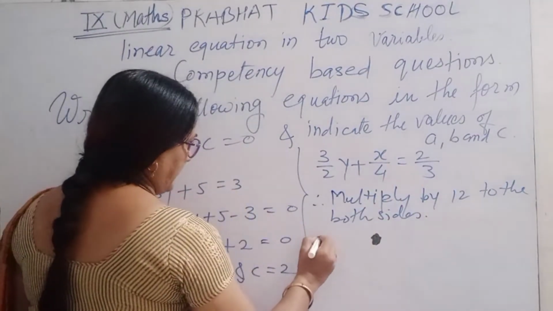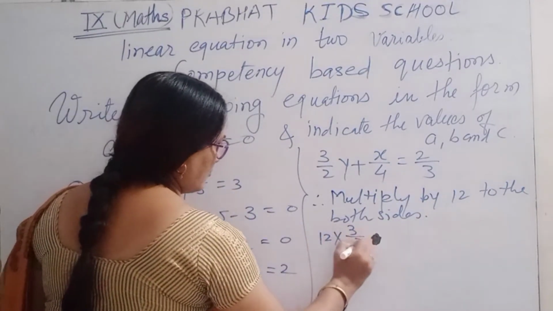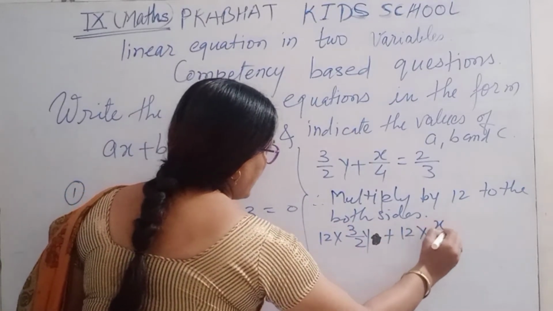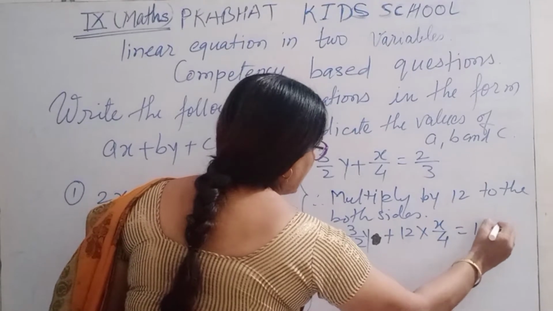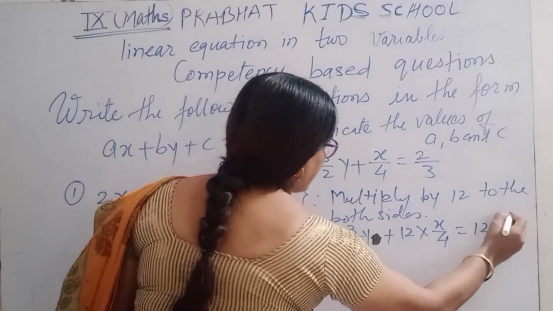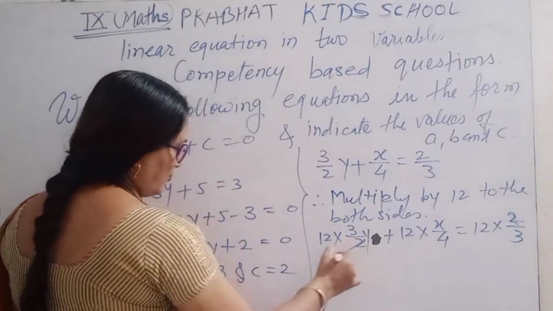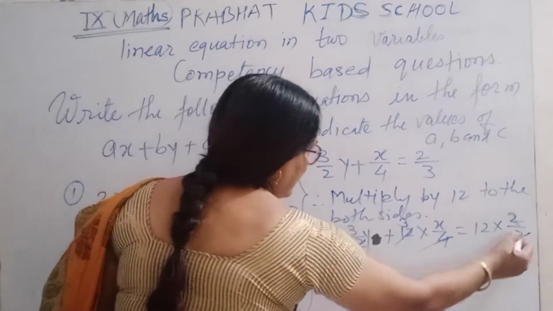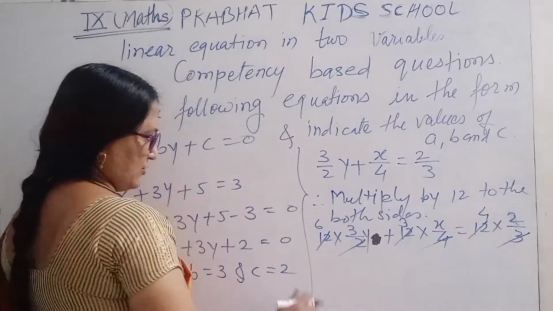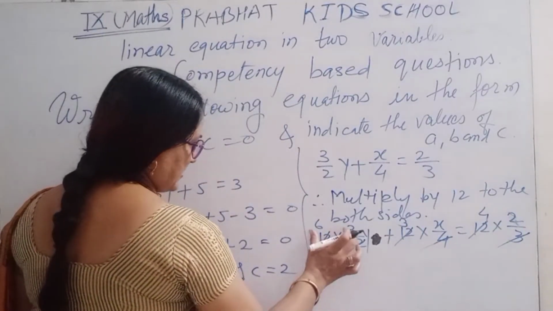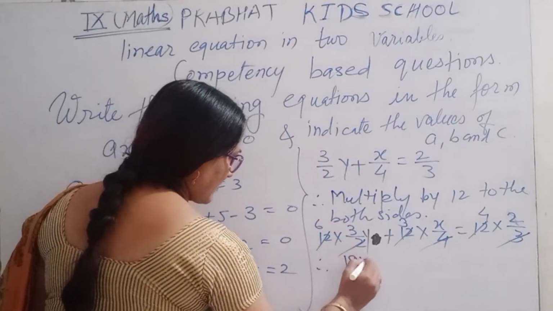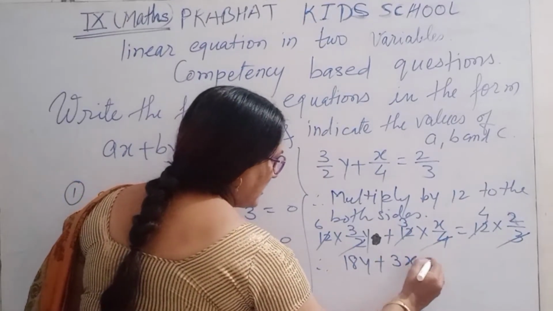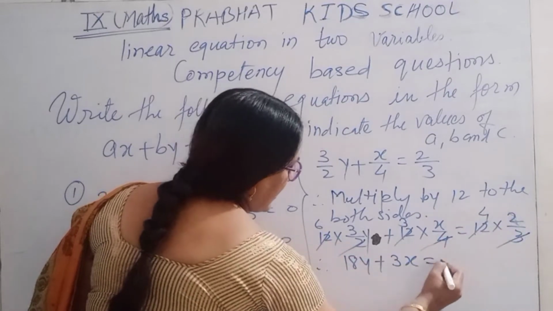Then 12 multiplied by 3 by 2 y plus 12 multiplied by x by 4 is equal to 12 multiplied by 2 by 3. So 2 6s are 12, 4 3s are 12 and 3 4s are 12. So what is the equation? 6 3s are 18y plus 3 multiplied by x is 3x is equal to 4 2s are 8.